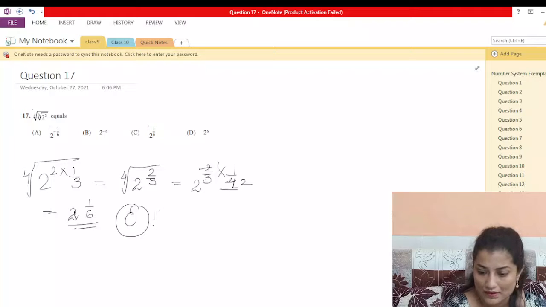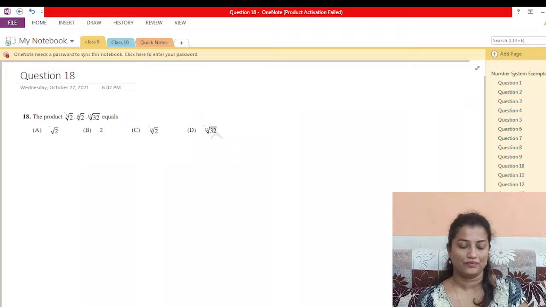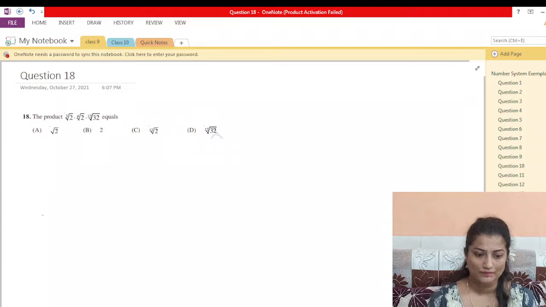Okay, now question 18. The product of these three numbers is given, that is the cube root of 2, the fourth root of 2 and the 12th root of 32. While solving these sums, we take the prime factors. The prime factor of 2 is 2, the prime factor of the other 2 is 2, and 32 is 2 raised to 5.